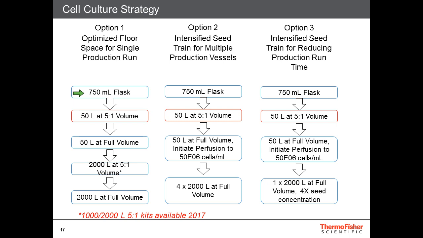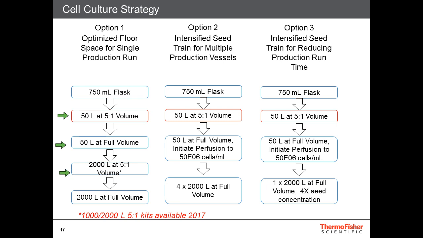The significant benefit that you as a customer would gain is you can go from a 750 milliliter flask directly to a 50-liter bioreactor at 5:1 volume. That means you start with 10 liters of culture in a 50-liter bioreactor, using the 750 ml flask as a seed, and from there you can increase the volume to 50 liters.